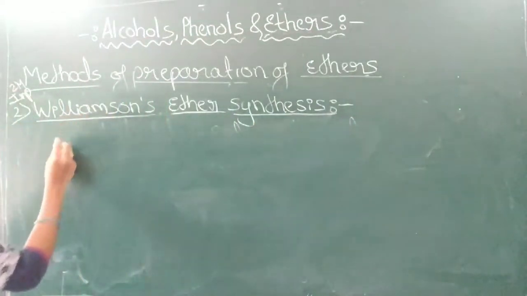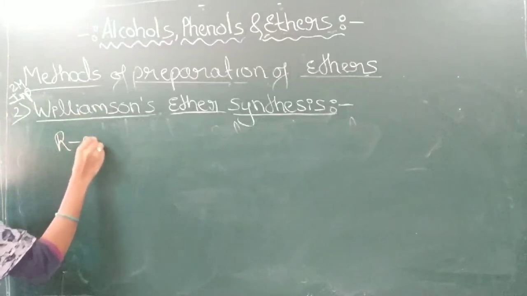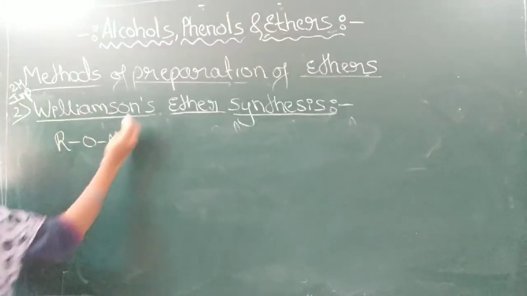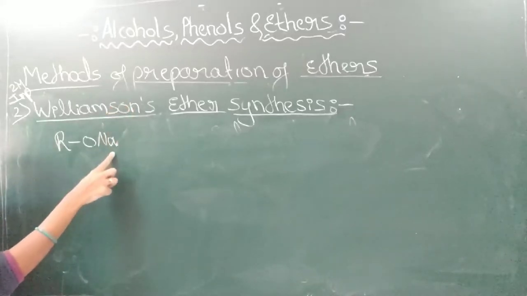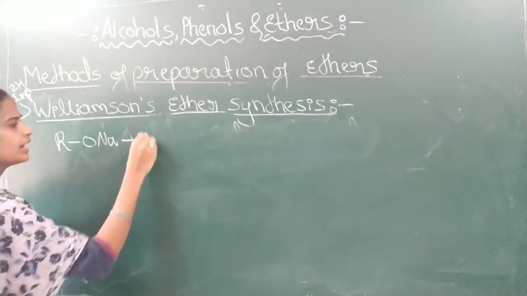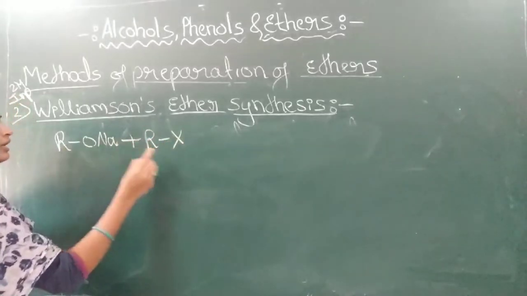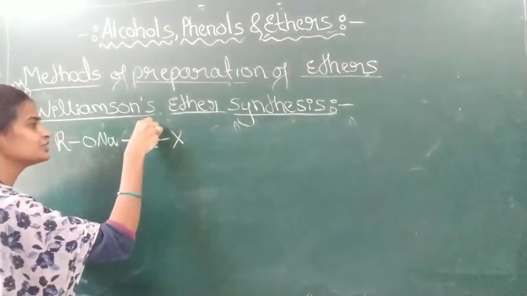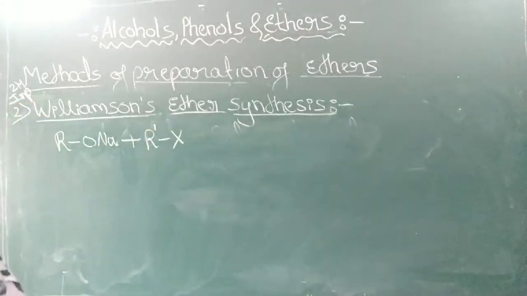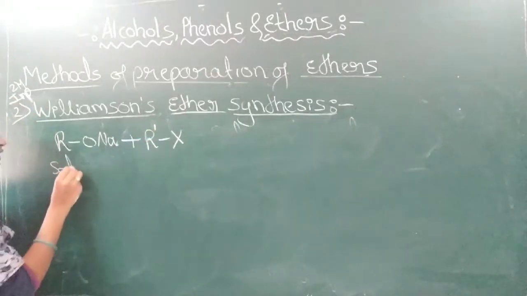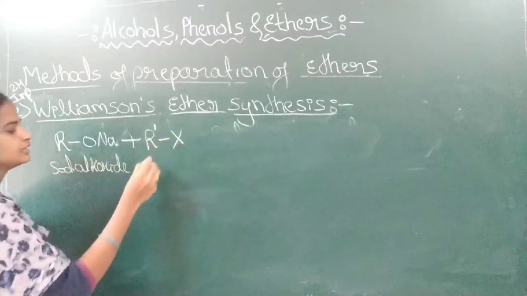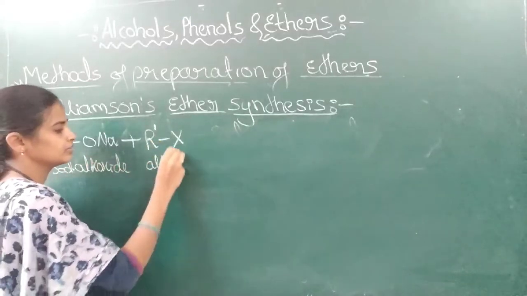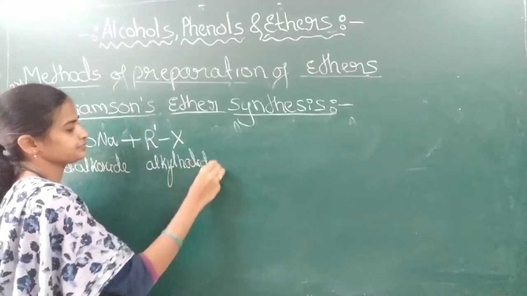How is the general formula? See, sodium alkoxide, RONa, and alkyl halide. R' may be the same or different, so I'll take one as R and one as R'. This is sodium alkoxide, and this is alkyl halide.